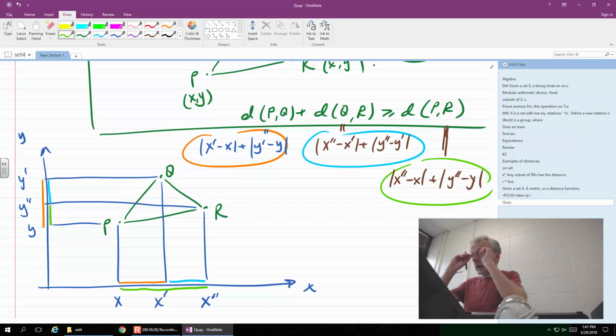The left-hand side, the blue and orange, are combined together and compared with green. Any observations that you want to make? Once again, there's a big plus over here: two orange terms and two blue terms compared to the two green terms.